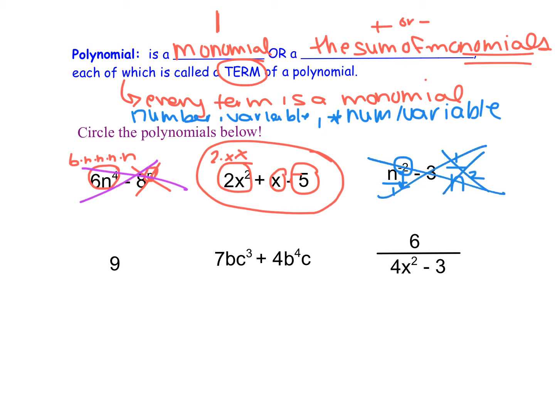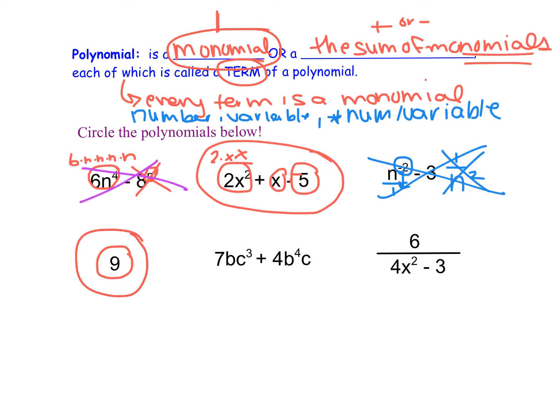This entire thing cannot be a polynomial. Then next I notice that I have just 9, and just 9 is a monomial because it's a number. And then remember that just a monomial by itself qualifies as a polynomial. So as a result, this is a polynomial.